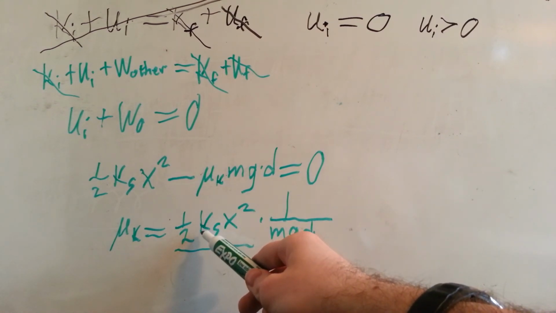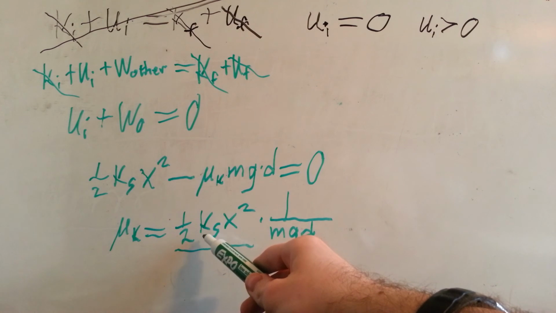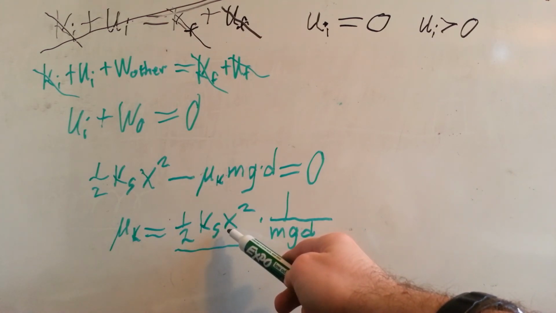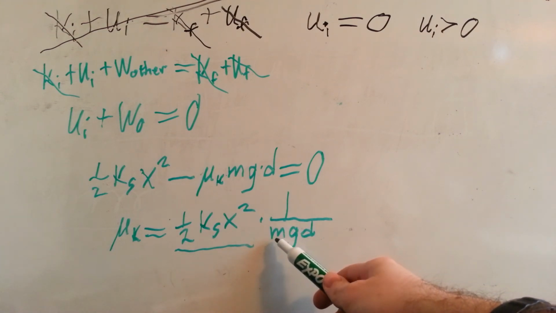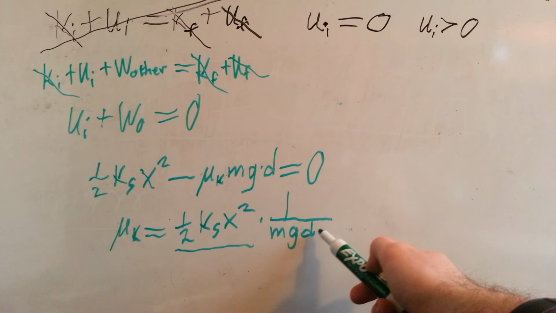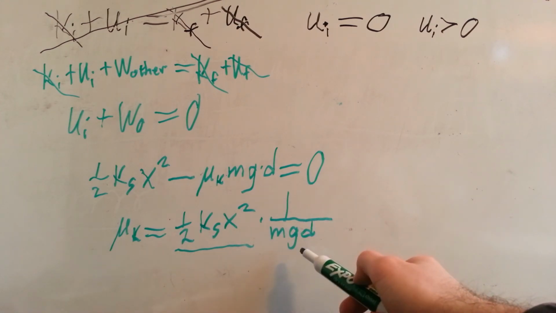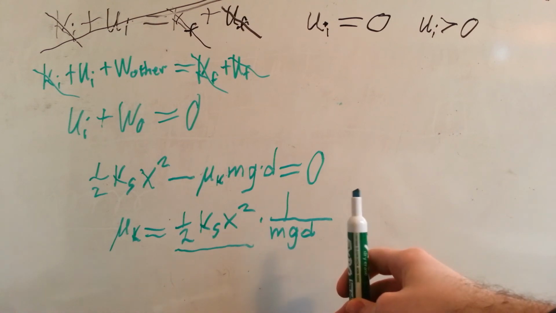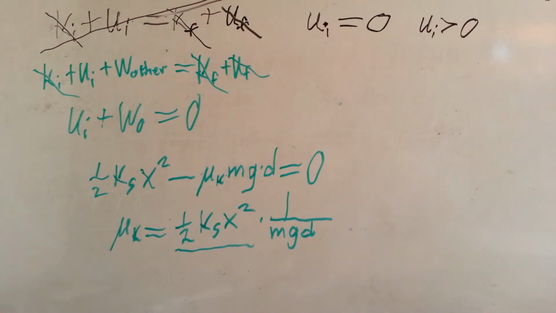We had the spring constant, k sub s, and the distance that the spring was compressed. We had the mass of the object, gravity, obviously, and the distance that the object actually traveled. So from those, we found the coefficient of kinetic friction.